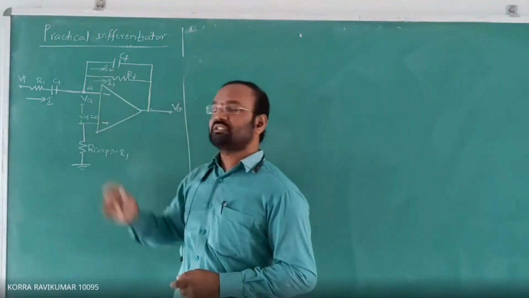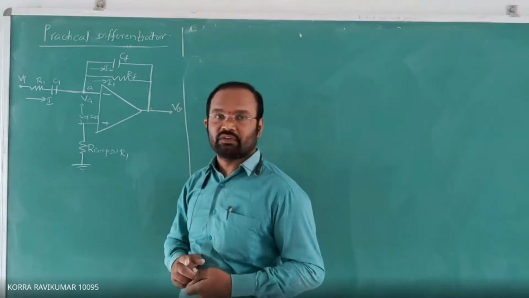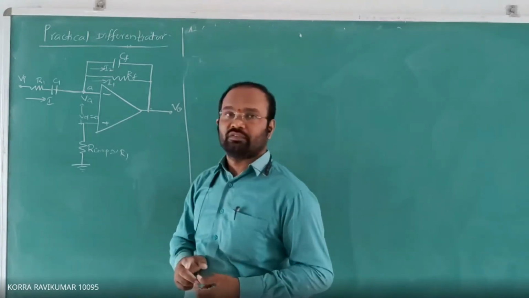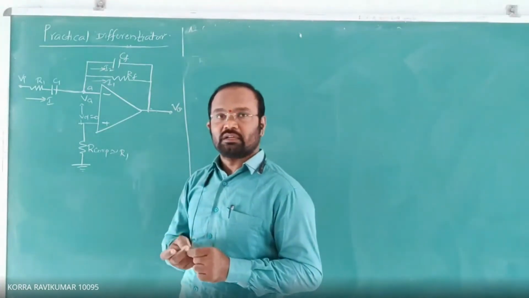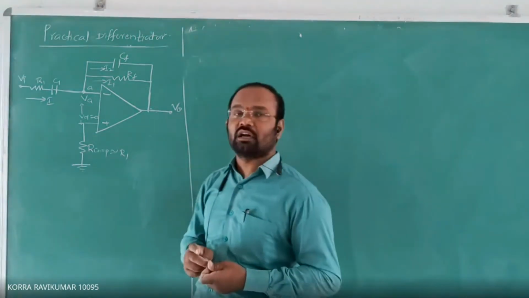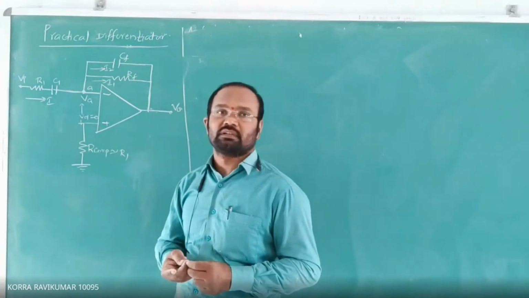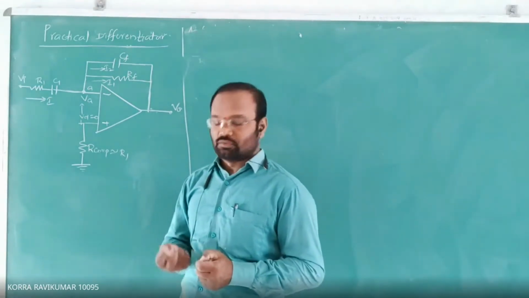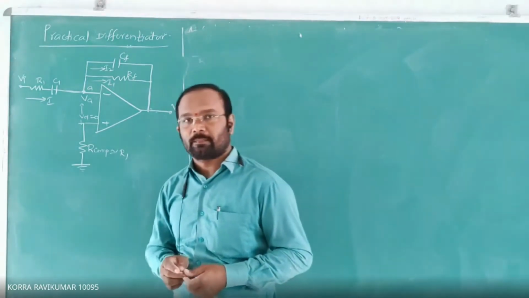And here capacitor and resistor both are connected in parallel, CF, the feedback capacitance, and the feedback resistance RF, in between output and inverting terminals. The current which is flowing through the resistor is I1, and the current which is flowing through the capacitor CF is I2 current. So from this circuit, we are going to analyze this circuit.